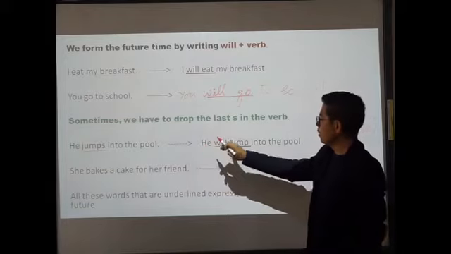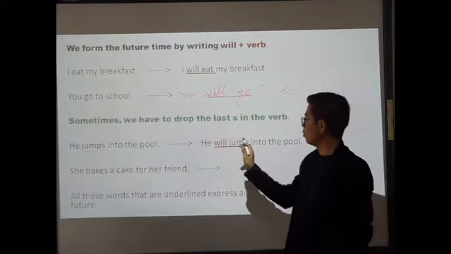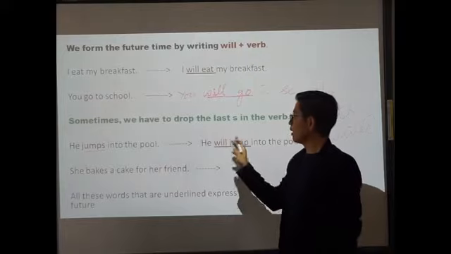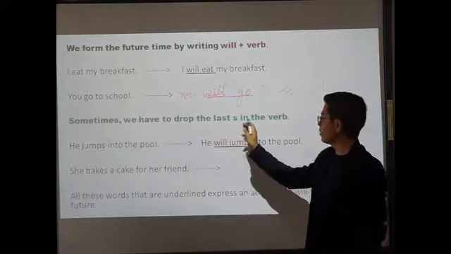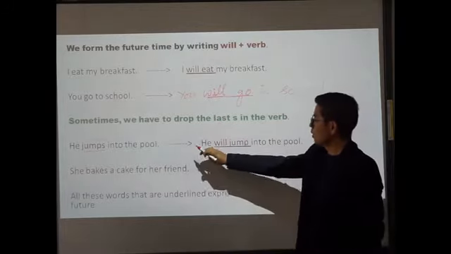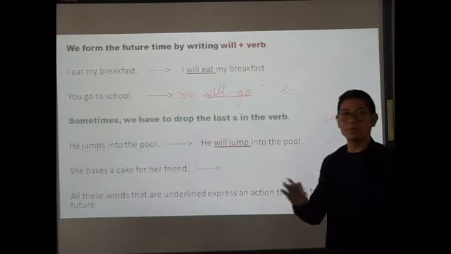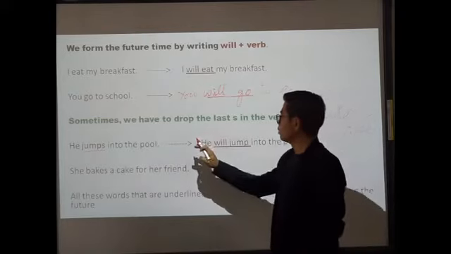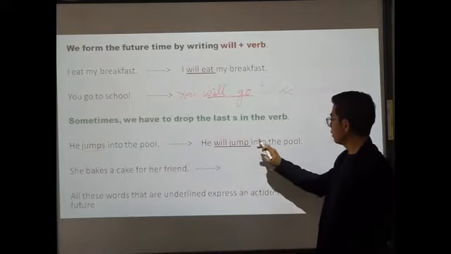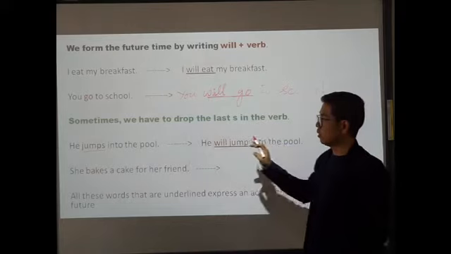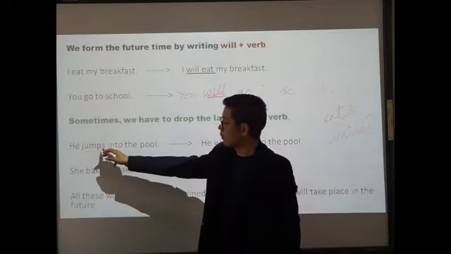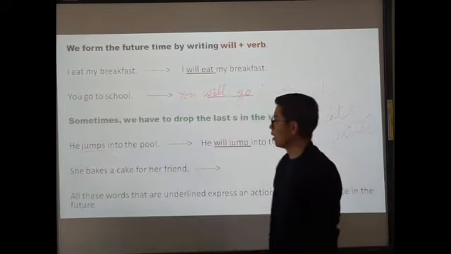He will jump. So there is no s; we have dropped the last s from the verb. We will jump into the pool. As you can see, we have dropped the s from the verb.